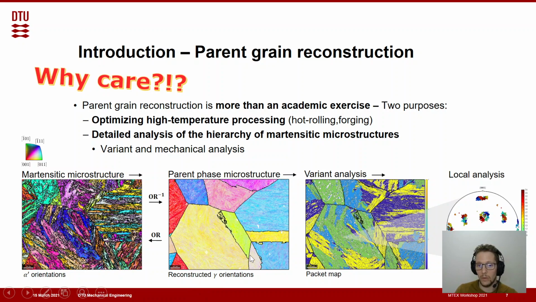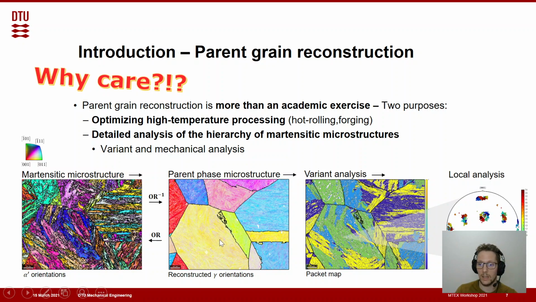And furthermore, if we want to do a detailed analysis of the hierarchy of martensitic microstructures, then we also need to do the parent phase reconstruction, because we can look at these grains here and say something about the orientation, but we cannot really say which variants have formed and which packets they have formed, how this austenite grain has been partitioned into the hierarchy of martensite. But we can do this if we know the child orientation, the parent orientation, and the orientation relationship.